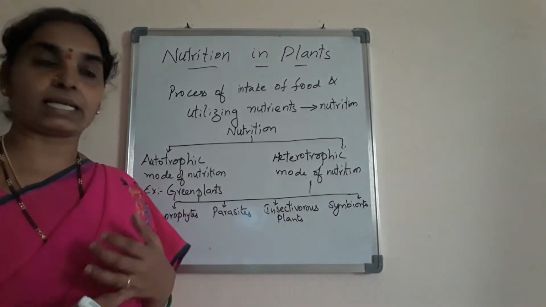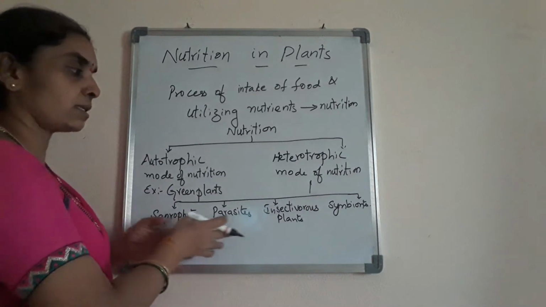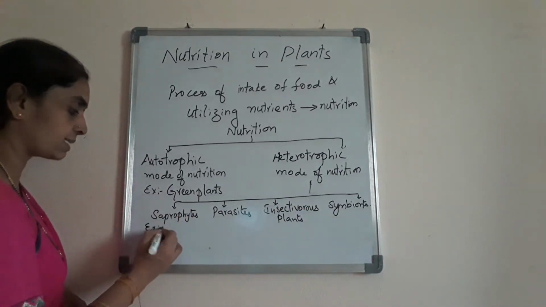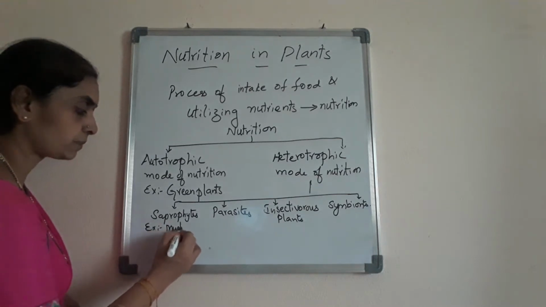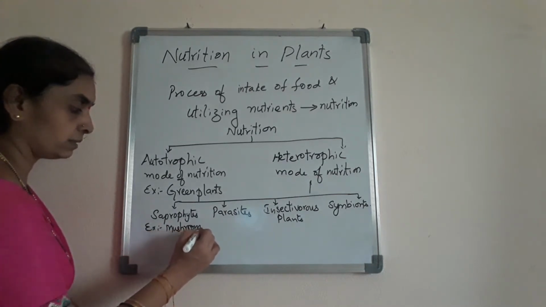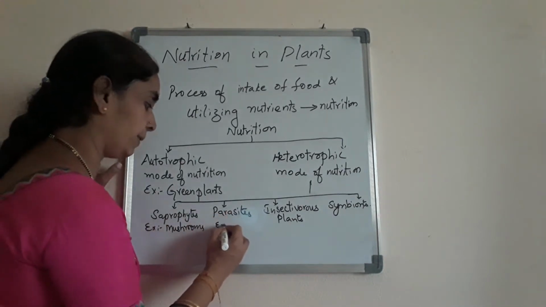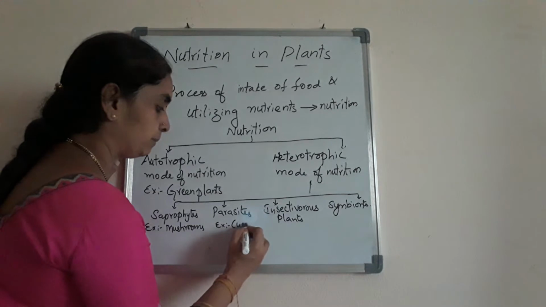So, what are the different examples which perform all these modes of nutrition? We'll see. For the saprophytes, the examples are mushrooms or fungi, which belong to the fungi group. Parasites, example, cuscuta.